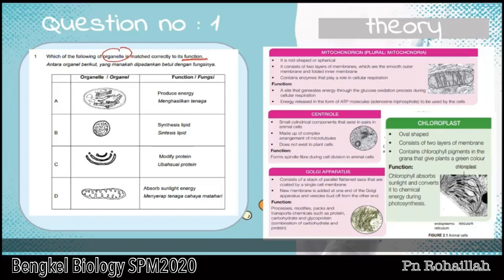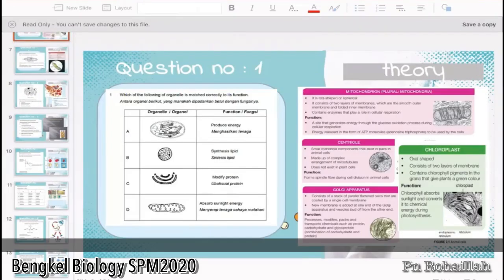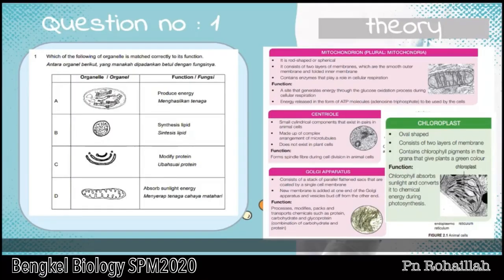Alright, so for number 1, A. A, okay, you write down there dekat situ. A is chloroplast. So you write down, tulis kat situ A is chloroplast.